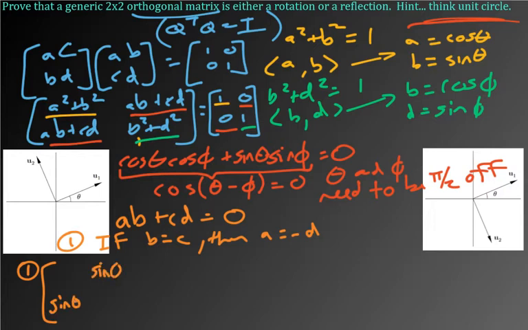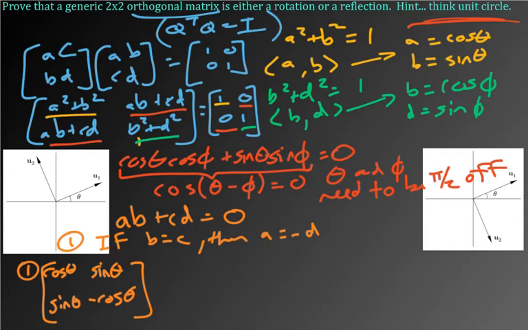So we have sine theta for B equals C. Then you need A to be cosine, and D has to be negative, so that's negative cosine theta.